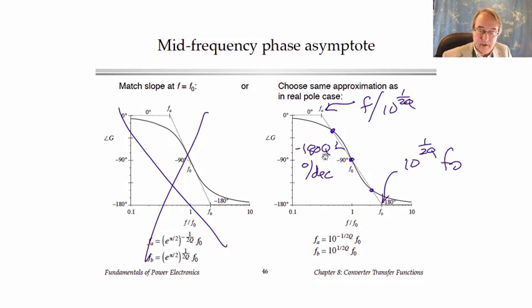So if we have a Q of 2, then we'll have a slope of what? Minus 360 degrees per decade. The larger Q is, the more negative this slope is, and the closer we get to just a step change from 0 to minus 180 in the vicinity of f0.